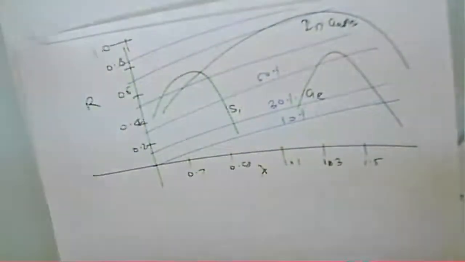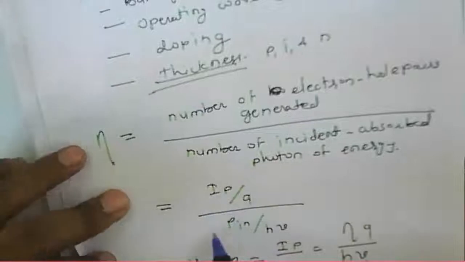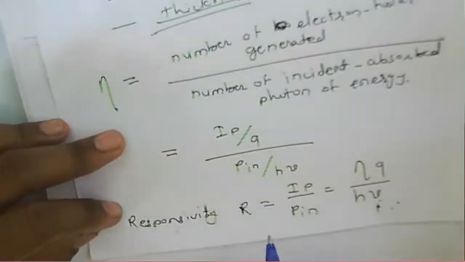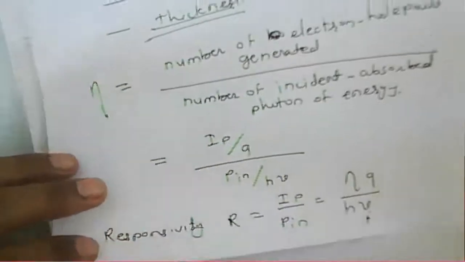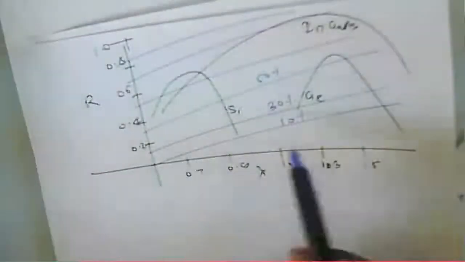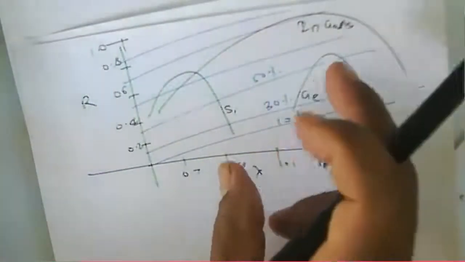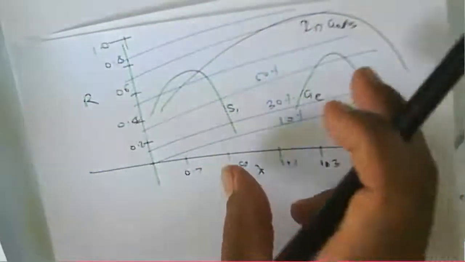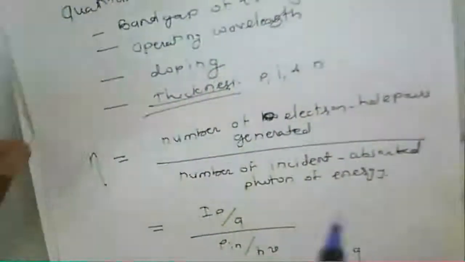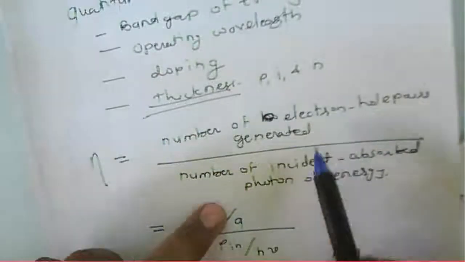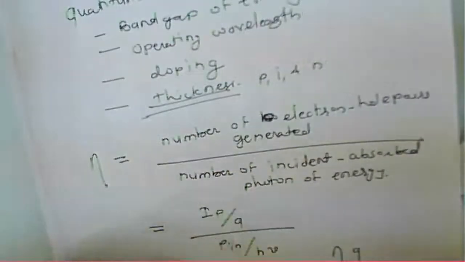If you see the equations for quantum efficiency and responsivity, we can say that quantum efficiency is not constant at all wavelengths. Whichever material we are using, electron and hole pairs are generated based on the incident photon.